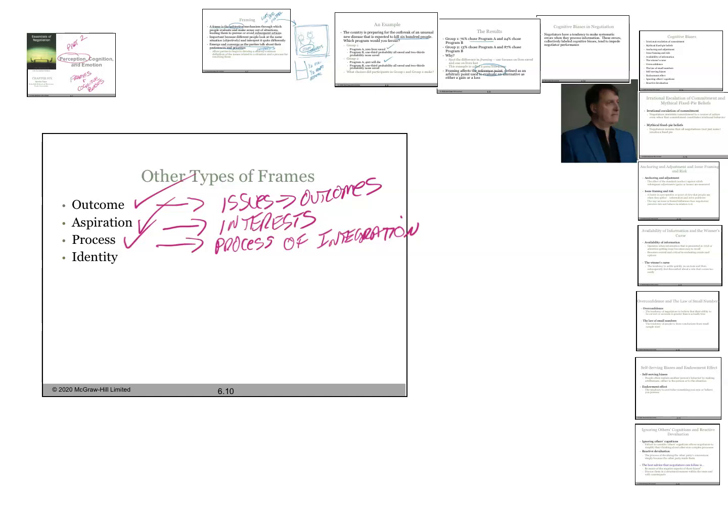This typically shows up more prominently when the negotiations are complex, often multi-party, will likely take place over time. You can think of examples that involve labor union and management negotiations for salaries, for wages. These things typically take time.